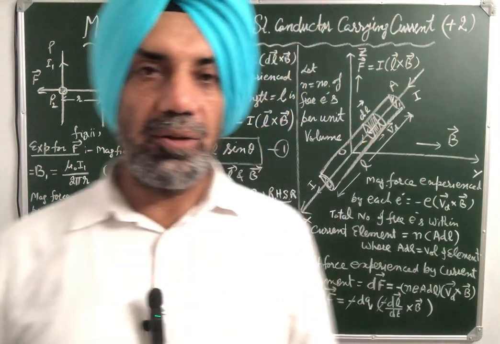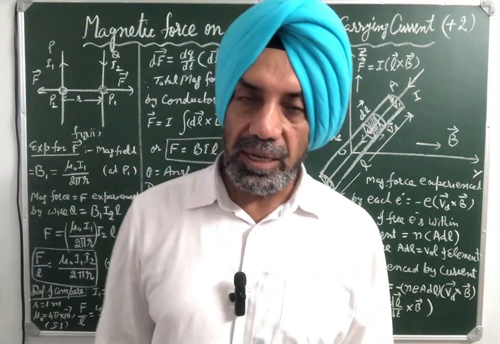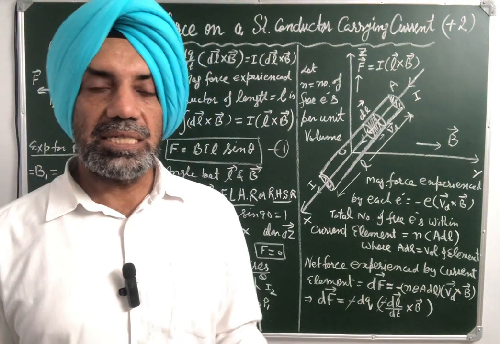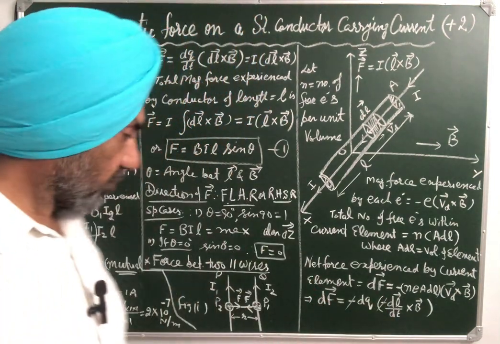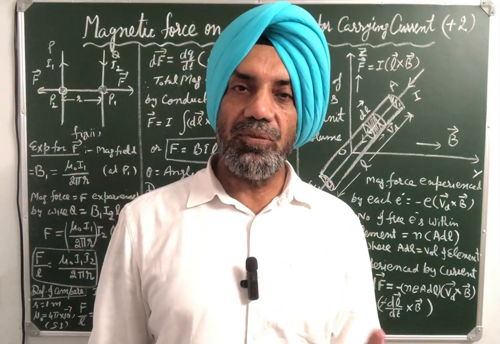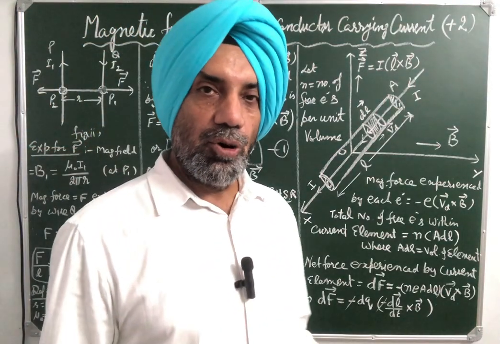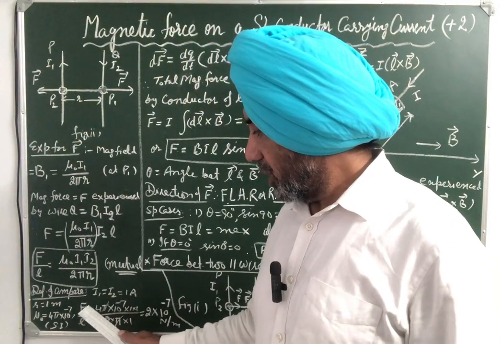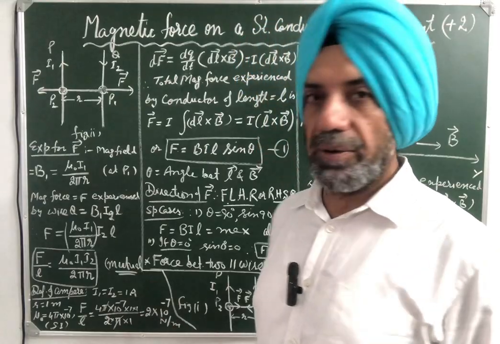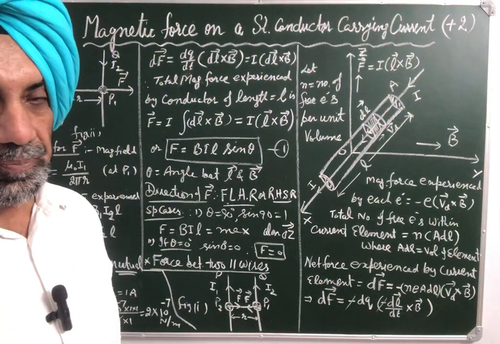So it means we can define 1 ampere. 1 ampere current is said to be flowing through each wire separated by a distance of 1 meter when a force of 2 into 10 to the minus 7 Newton per meter is acting between them, may be attractive or repulsive.